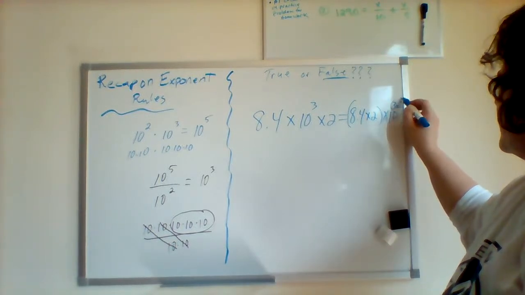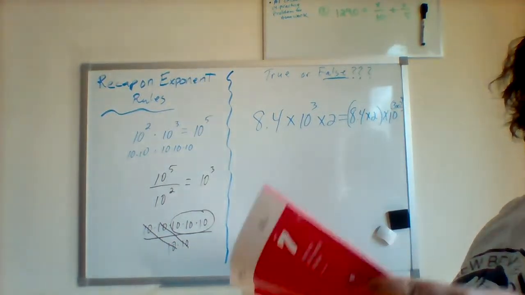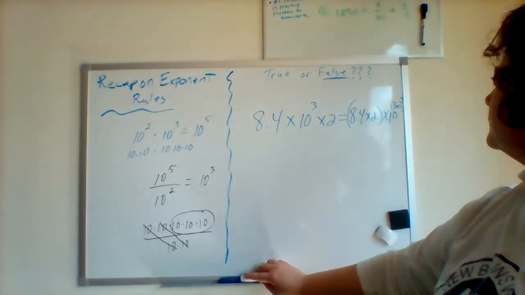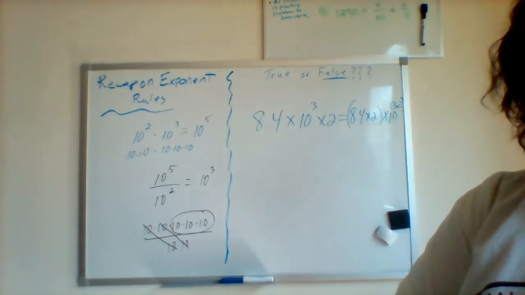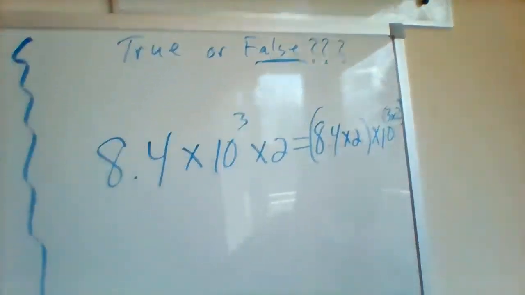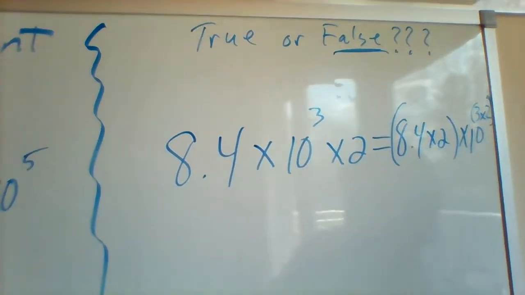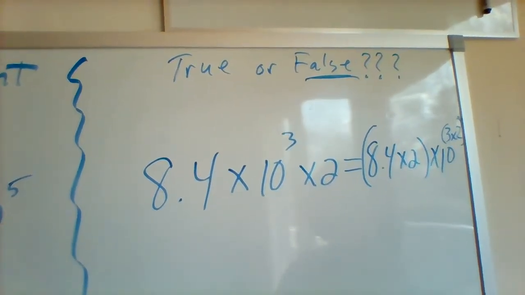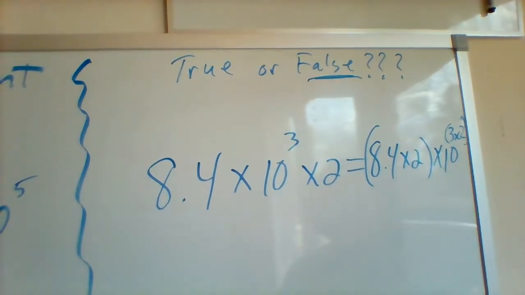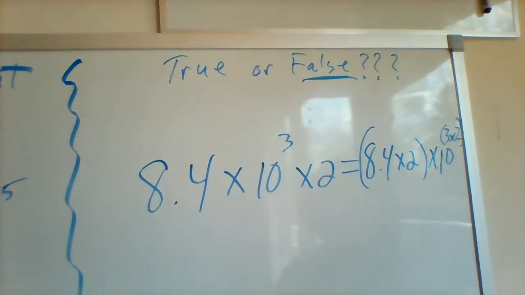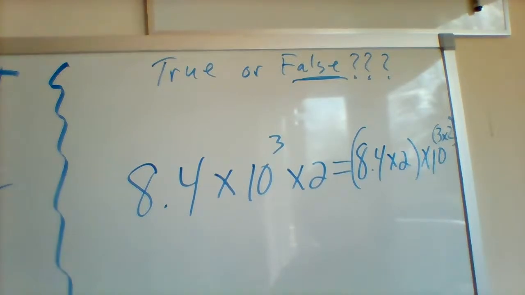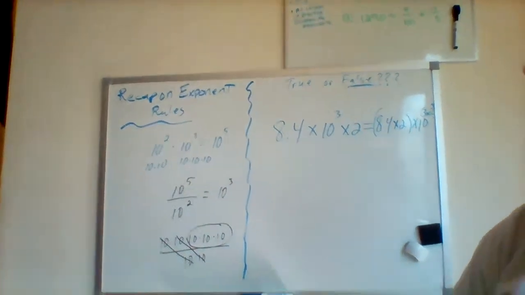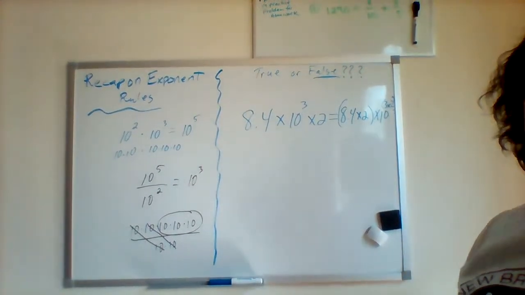This one's kind of easy for you guys. True or false? 8.4 times 10 cubed times 2, is that equal to 8.4 times 2 times 10 to the 3 times 2? True or false? All right, Ivan, why is it false, buddy?